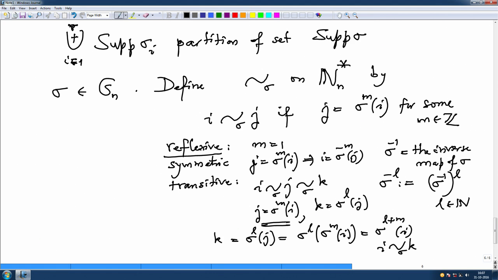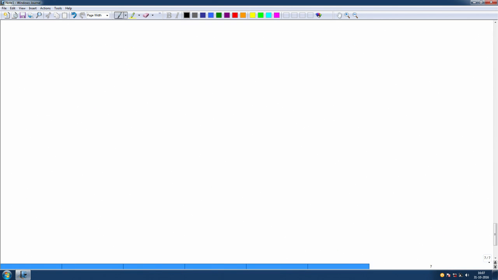So the equivalence classes are subsets, and the equivalence classes will form a partition. So this relation will give a partition of the set 1 to n.